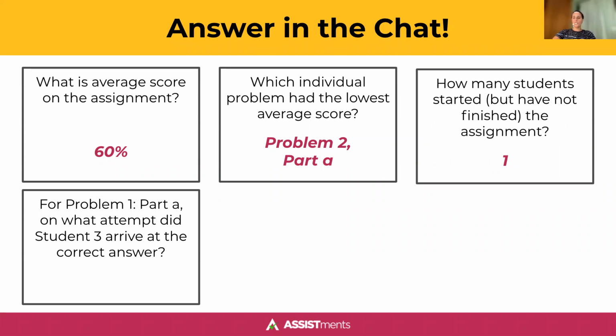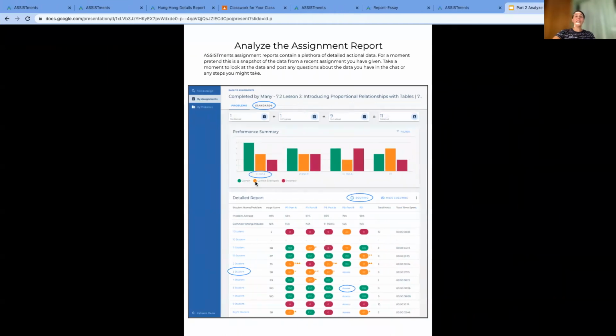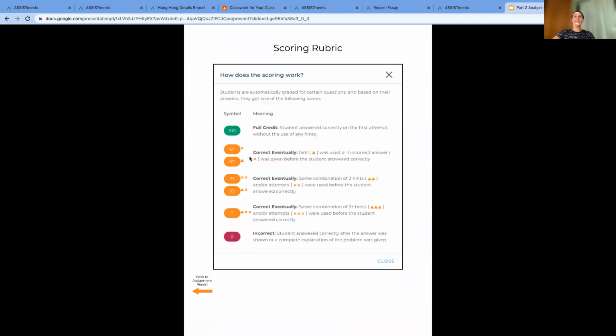And there's actually 2 places you can find this on our assignment report. I have second attempt, and there's an X next to it. Yes, absolutely. So I can tell that one person chose to look at the scoring guide. So student 3, question 1A, we see that 1X next to the orange. So the scoring guide tells us they got it right on the second attempt.